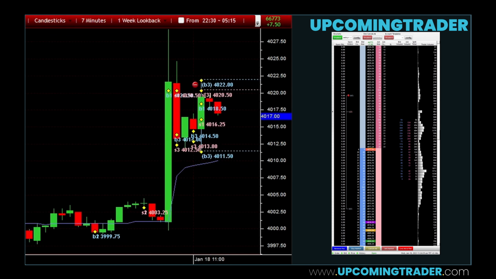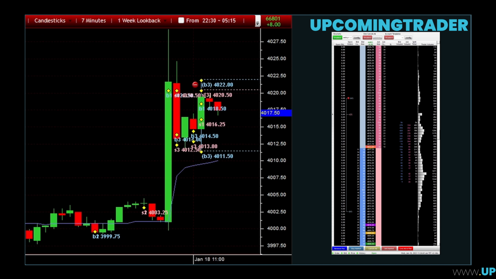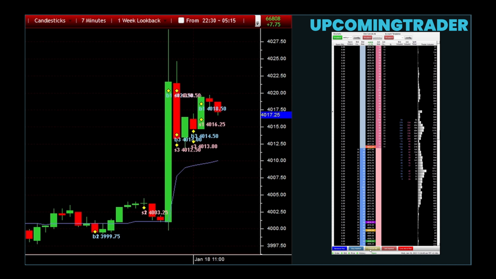The neckline, drawn through the base of the 2 shoulders, acts as a key support or resistance level. When the price breaks through the neckline, it often leads to a significant price movement in the direction of the breakout. Range charts make these patterns clearer by focusing only on substantial price changes, allowing you to identify these opportunities more effectively.